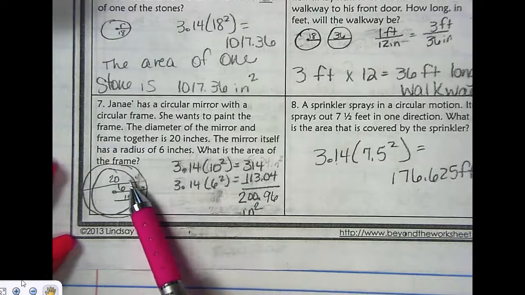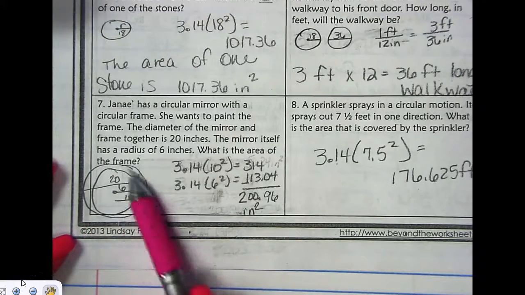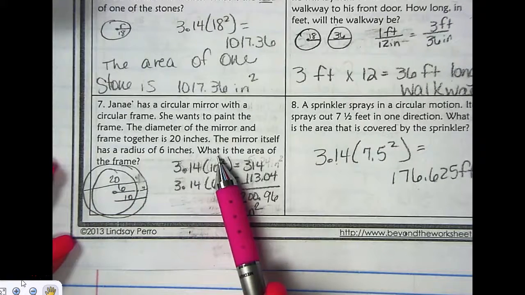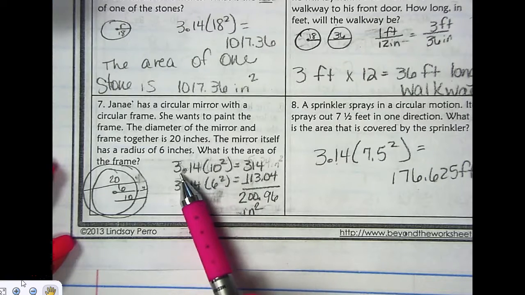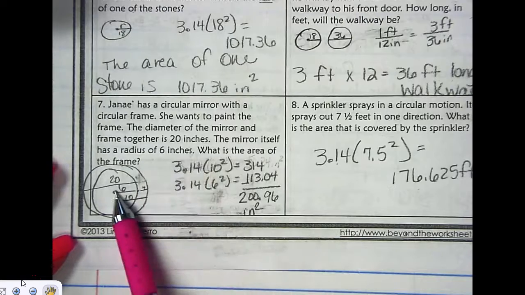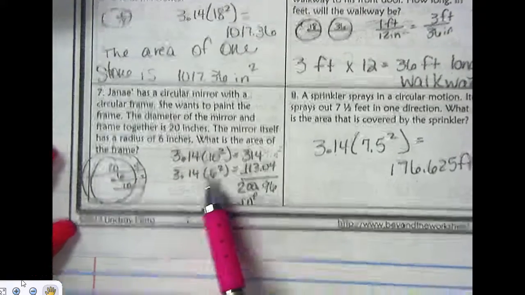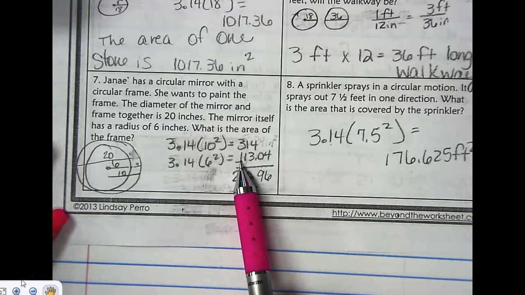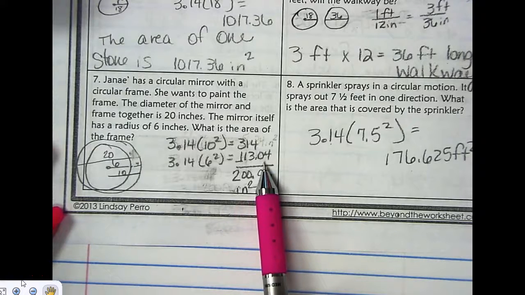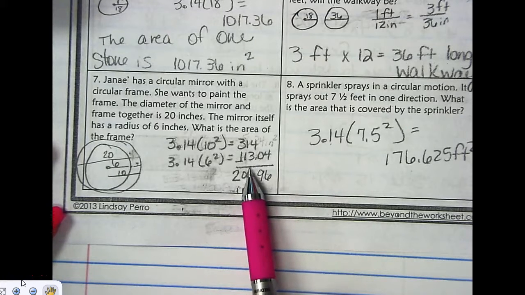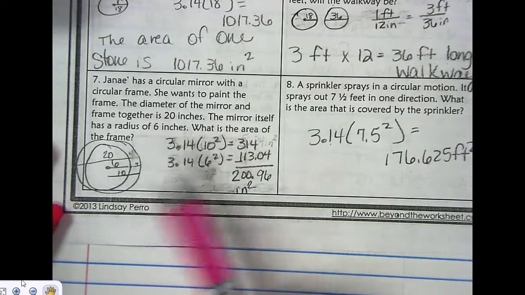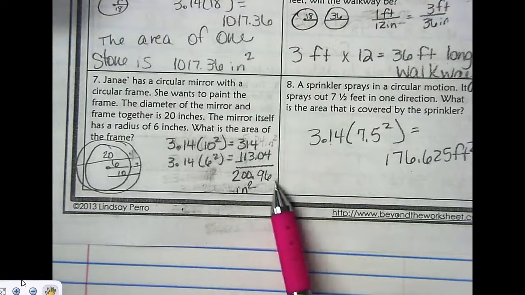So first I found the area of this entire big part. 3.14 times 10 squared. 10 squared is 100. 100 times that is 314. And then the mirror has a radius of 6 inches. So the mirror takes up 113.04. And then I need to subtract to find the difference. So you should have 200.96 inches squared.